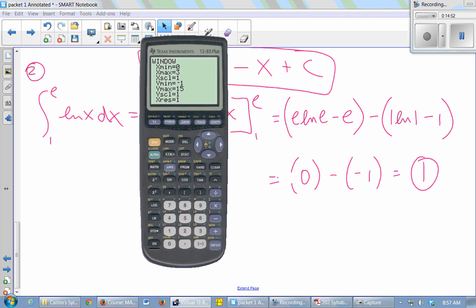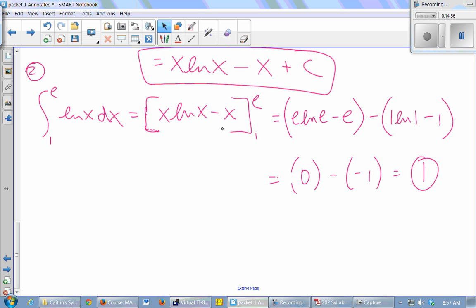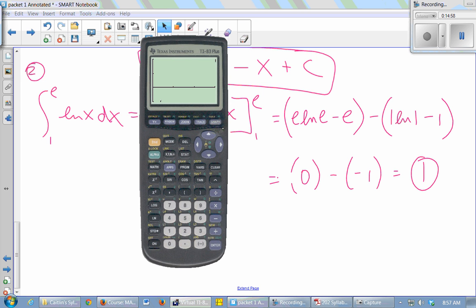So maybe I'll go like negative 1 to 2. All right, that's a good window. So now I'm going to go to second calc, option 7, and put in 1 for my lower bound and e for my upper bound. And the area under there should be 1 if I did it right. And okay, good.